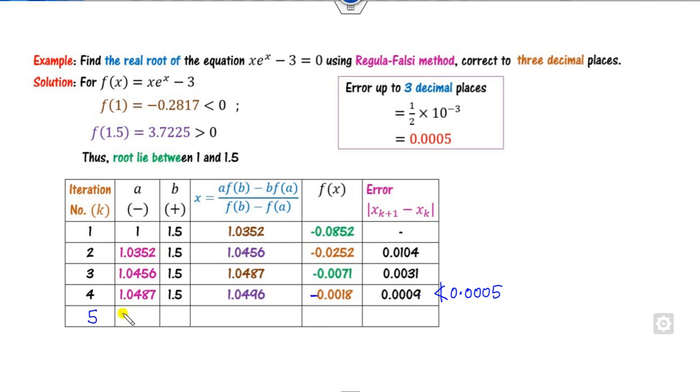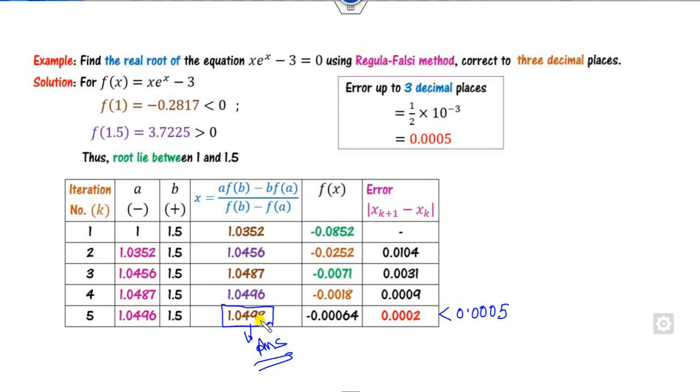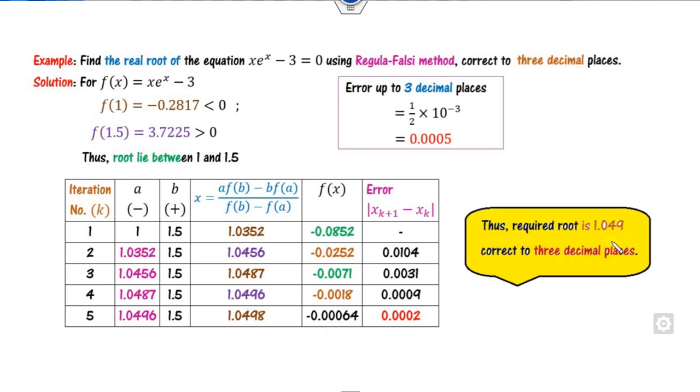Again this is negative, so we can replace this number here. Then we can compute here. Now you can see this number is less than this number. So we can stop the process, and this is the required answer. You can convert it into 3 decimal places, you can write it as here, or up to 3 decimal places we can write.